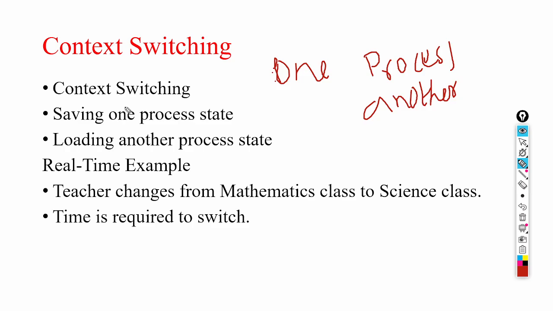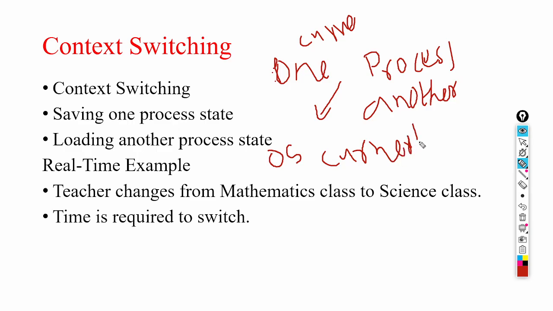Whenever it is switching from one to another, the operating system saves the current process information and loads the next process information. This activity we call context switching.